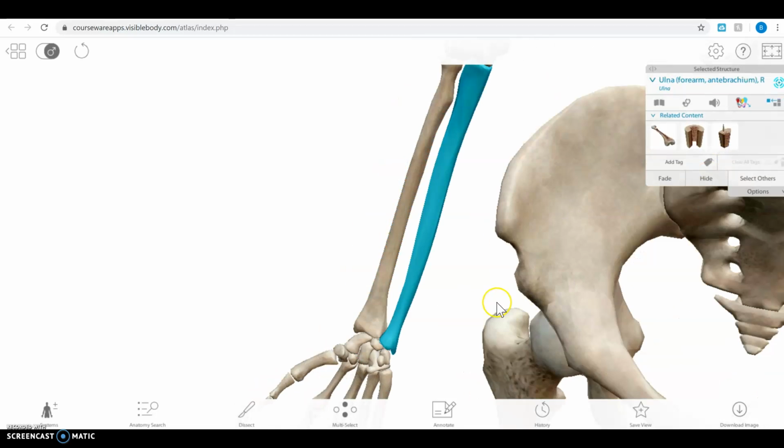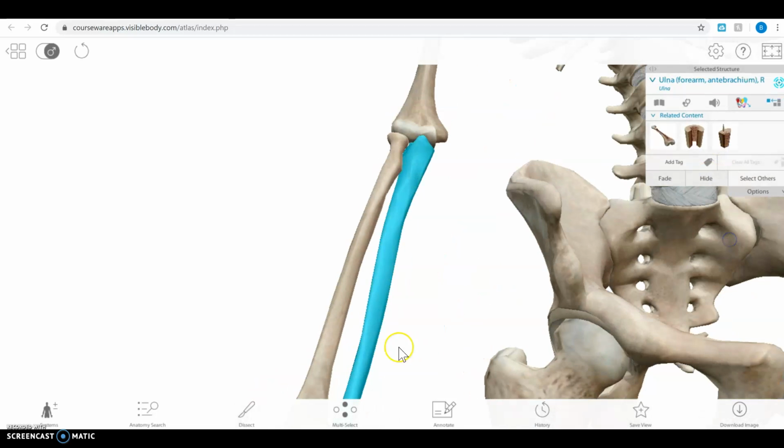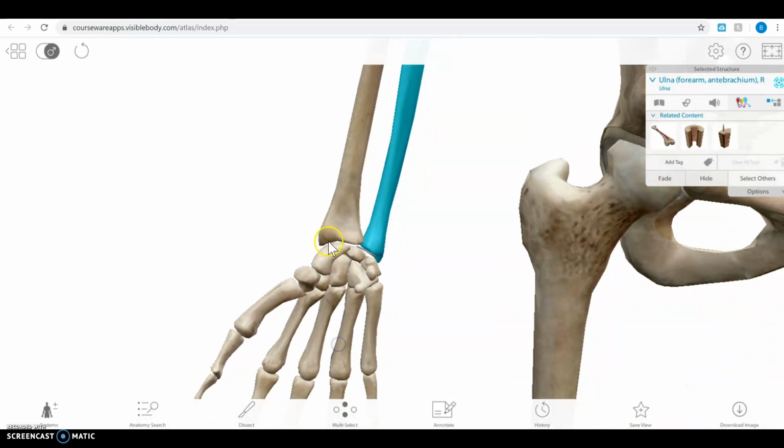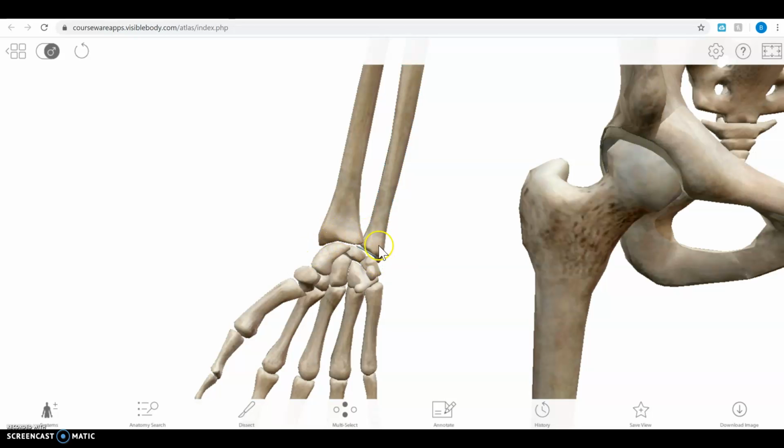So let me show you that real quick. You can see in this view how you have the two styloid processes curving around these wrist bones. That is it for the arm.